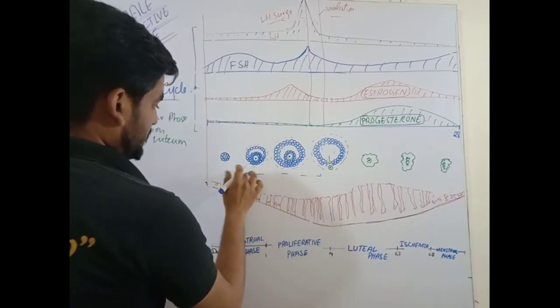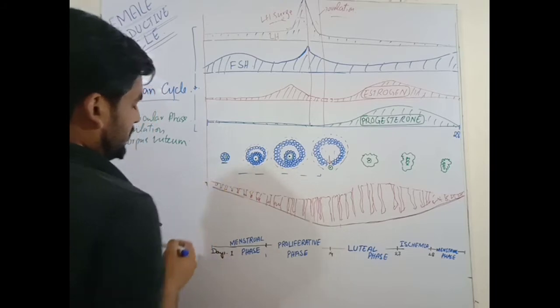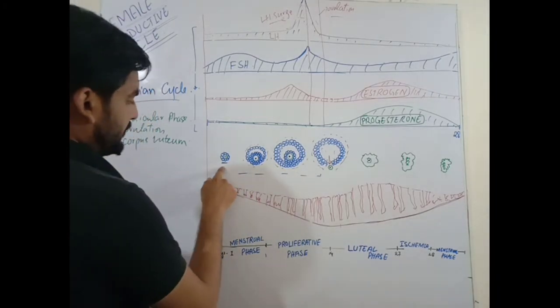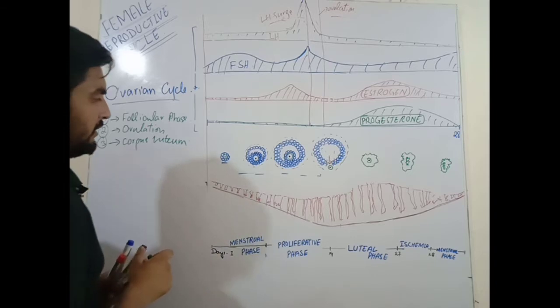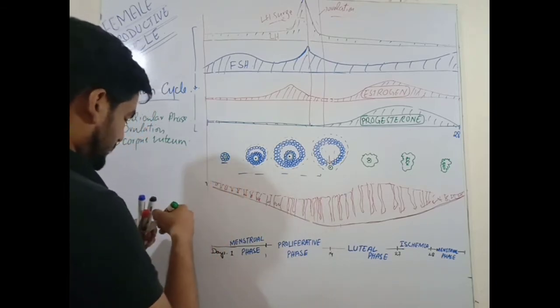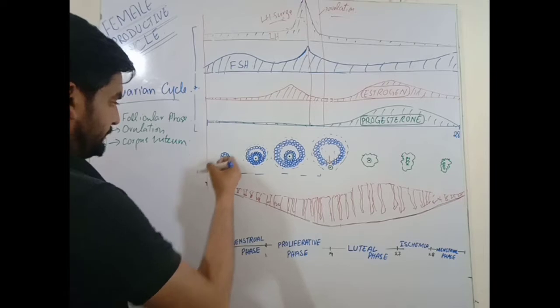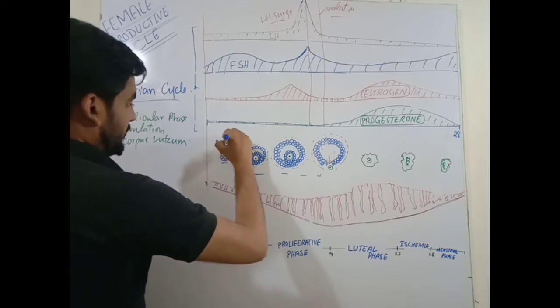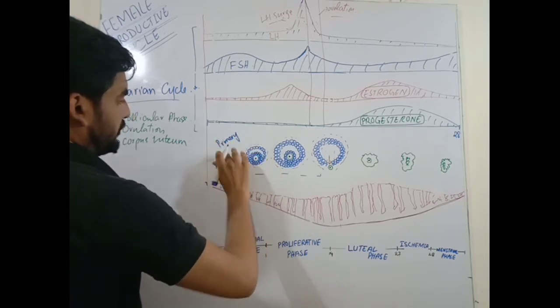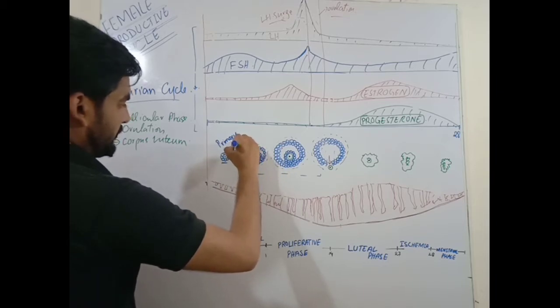This is the primary follicle. The primary oocytes at the start, when oogonia are converted into the primary oocyte, have follicular cells gathered around them, and this is called the primary or primordial follicle. Then the primary follicle is formed.